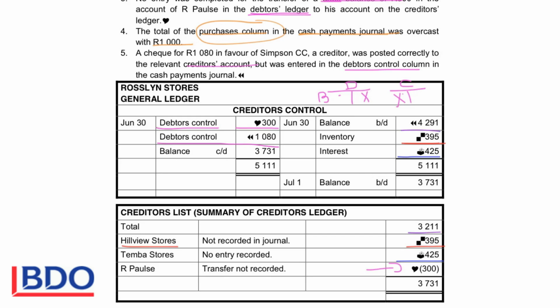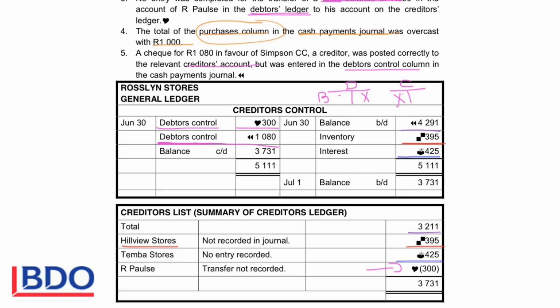This was incorrectly recorded in the debtors control column, therefore it was posted to the debtors control. And now we will have to go and credit the debtors control on the credit side, and debit the creditors control to show that this entry was supposed to be in the creditors control.